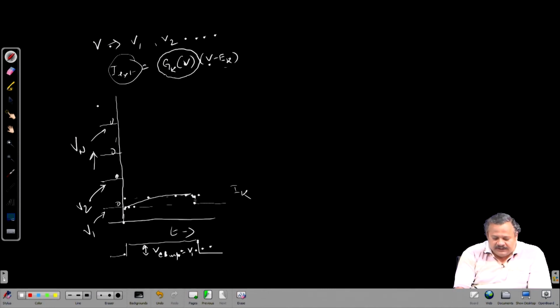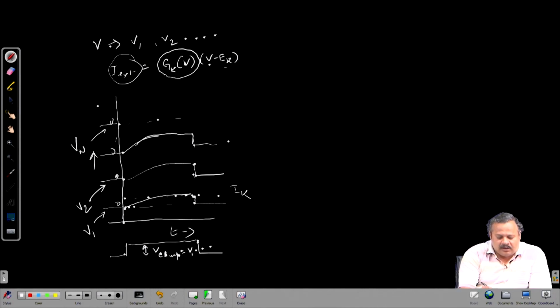So this is for V1. Now, if we increase the voltage to some other value, we will see that it increases more. Then in the next case, it rises to a high value even faster, and to a larger value too, and then an even larger value and drops back.